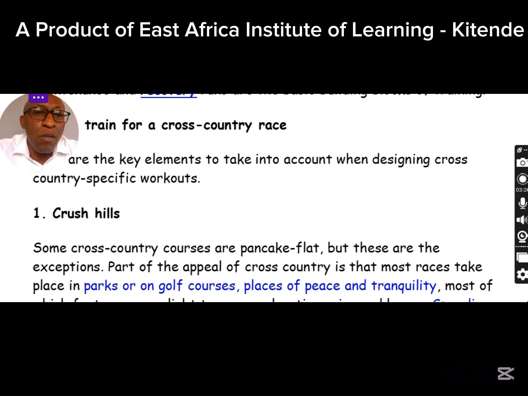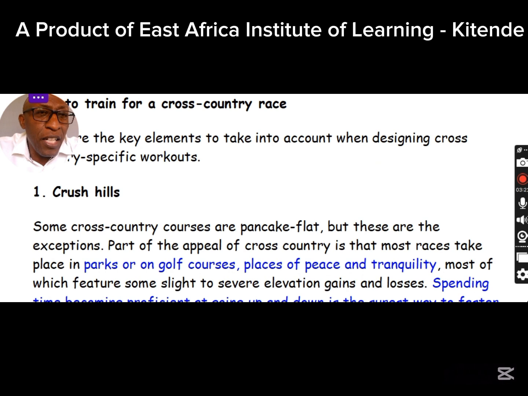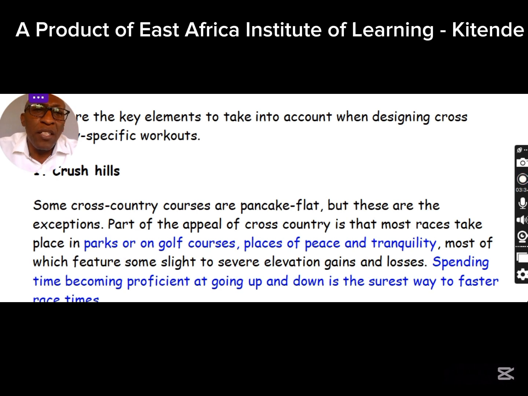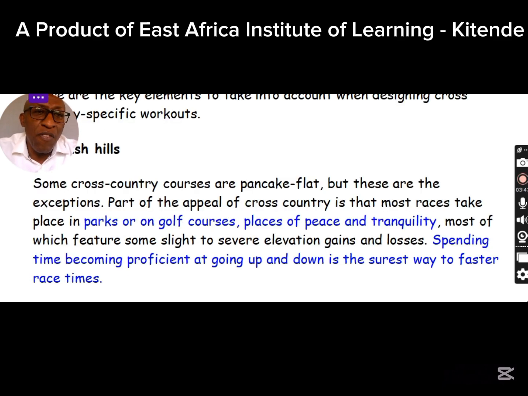One is crush hills. In parks like Upright or other golf parks, it's usually very peaceful. So when you're practicing there, if you're allowed to, become proficient at going up the hill and down the hill. That is very important.